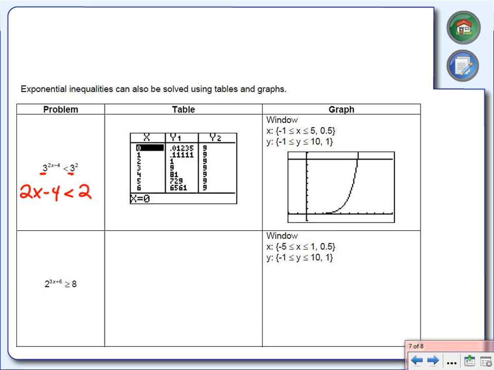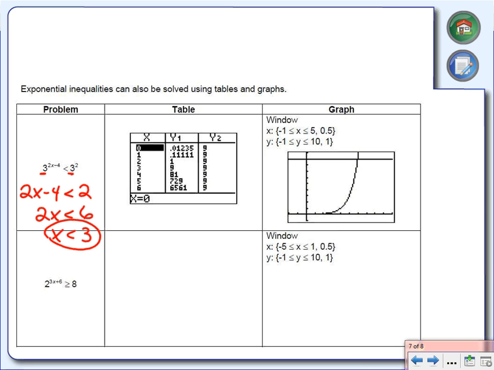It's always going to be the same as what we have. So now it's just a matter of solving for x. If I add 4, 2 plus 4 is 6. Divide by 2. 6 divided by 2 is 3. Therefore, x is less than 3. So, like I said, not a whole lot different other than just using a less than symbol rather than the equal sign.